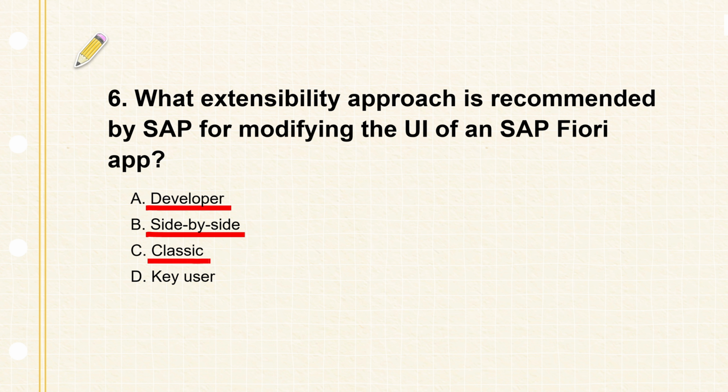Incorrect. This is a more traditional approach that involves modifications which are less sustainable. Correct. This approach is recommended for modifying Fiori apps, as it allows UI adaptations without deep technical knowledge.